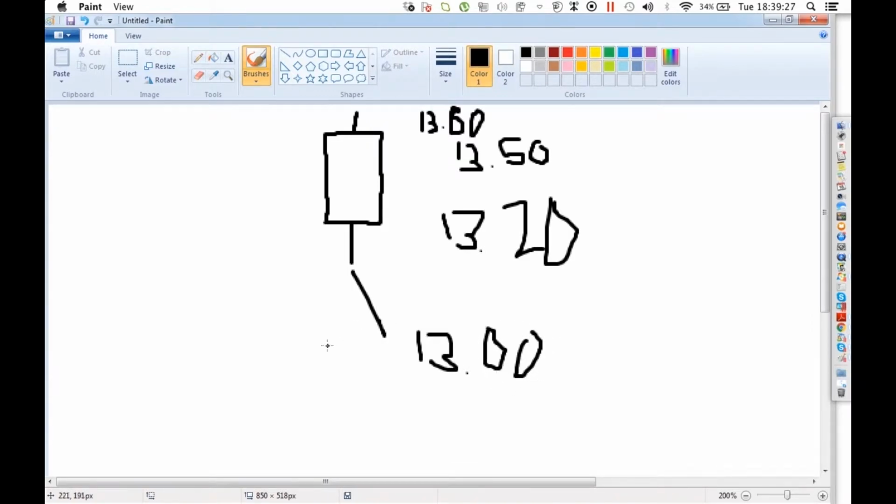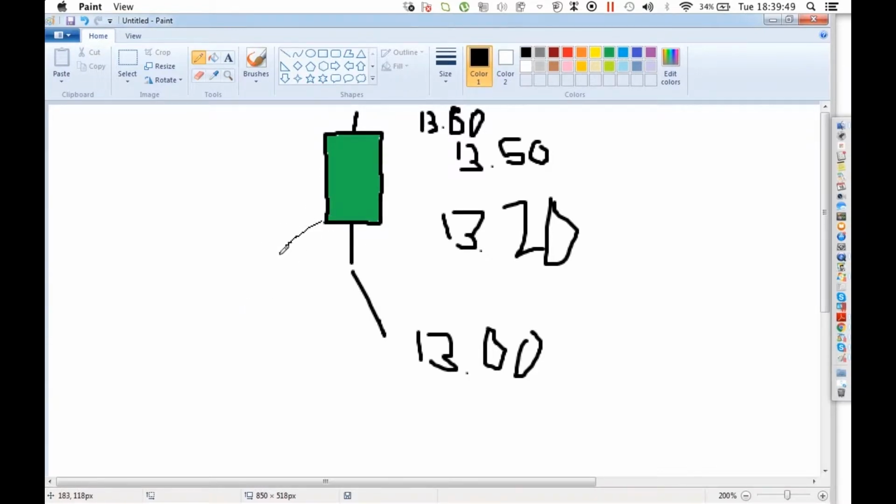So we can see the different sort of information we get there. And these candles, the bull candles, the buy candles, will typically be green. You can set them to any color you want, but most times you'll set them as green. All right?